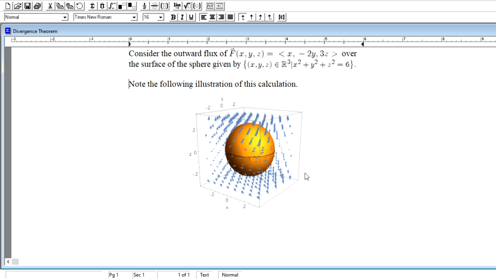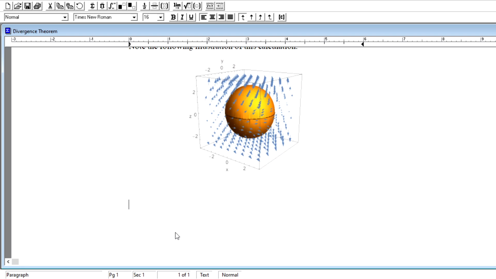The closer we get to the equator, we still have outward flux, which we can see along the boundary, but it becomes more of a circling around the equator of this sphere. If we set up the calculation for this outward flux, I do believe we're going to see a positive outward flux based upon the illustration.